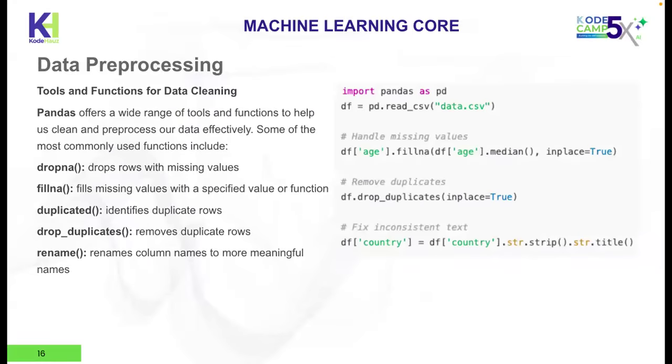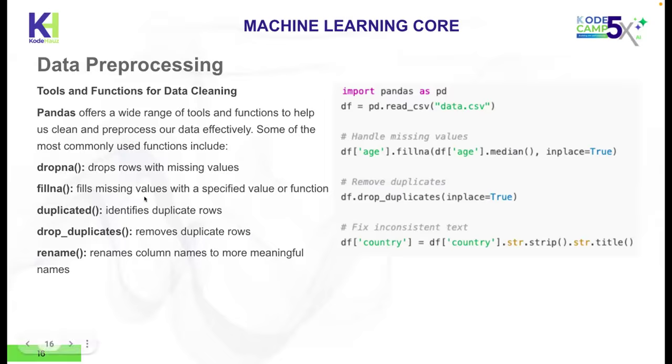So pandas is one of the tools, like I mentioned. The second tool being scikit-learn. So these are some of the functions that pandas will give you. We have a function we call dropna. Dropna allows you to drop rows that have missing values. Dropna basically means drop NA, drop not available values. Then fillna fills missing values with some specified value of your choice.